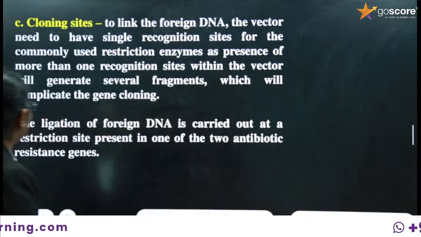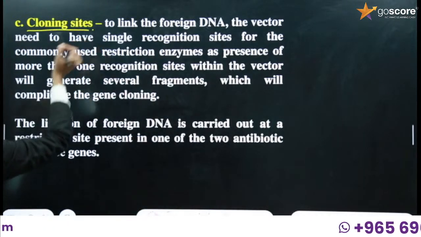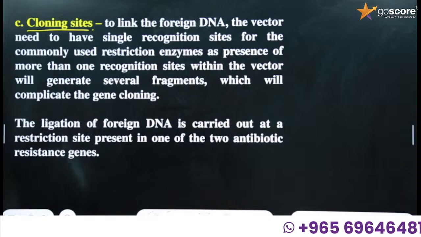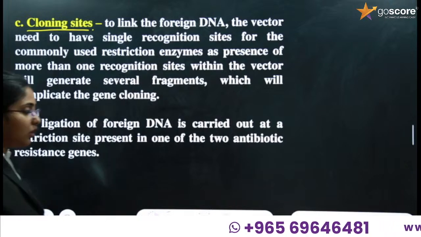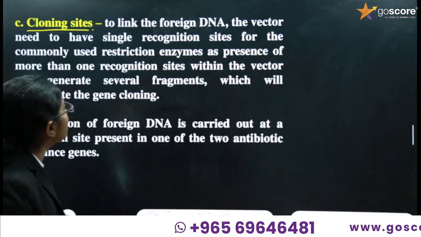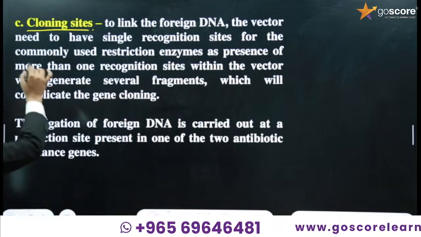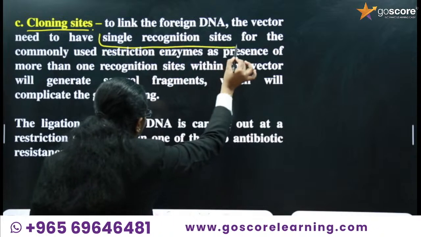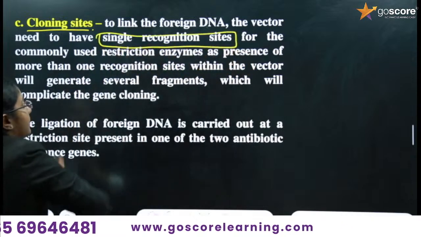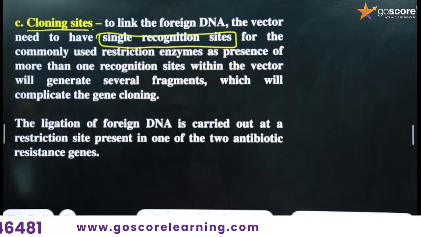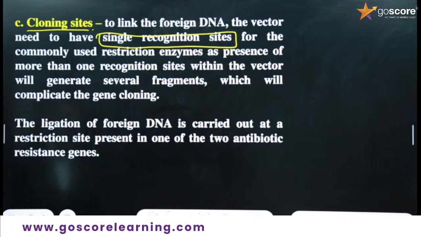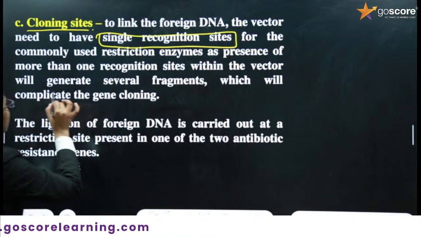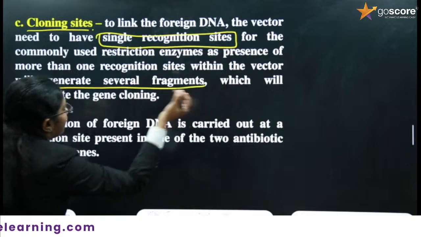The cloning site, where should the DNA be integrated? Okay, that is another important point. So what is a cloning site? To link the foreign DNA, the vector needs to have a single recognition site for the commonly used restriction enzyme, as the presence of more than one recognition site within the vector will generate several fragments.